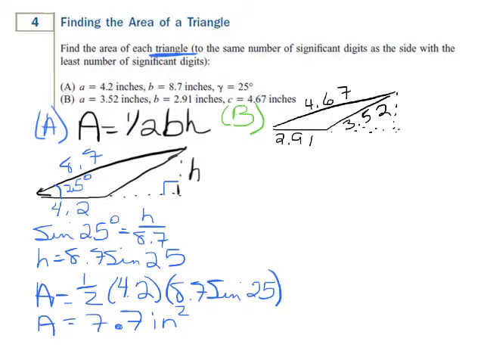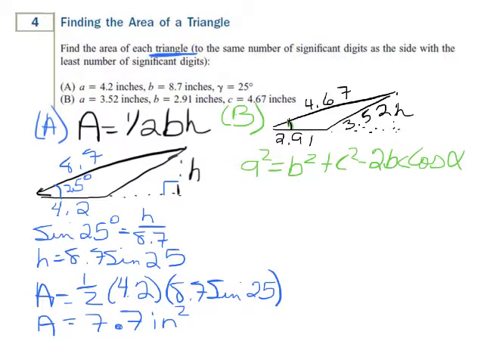We could do it the other way, but we have 3 sides, right? So why not figure out what this angle is? That way we can find our height. To do that, I'm going to say that this is my A. A squared is equal to B squared plus C squared minus 2BC, the cosine of alpha.